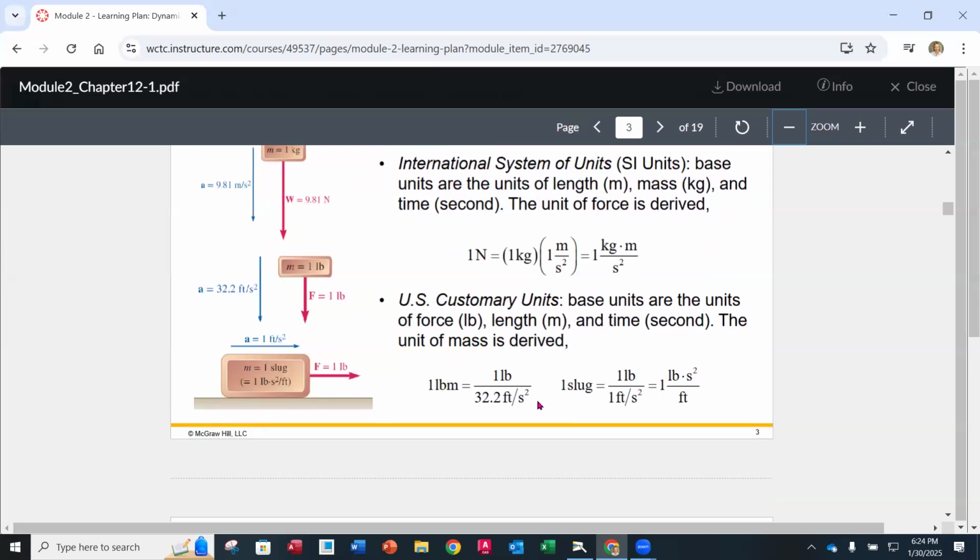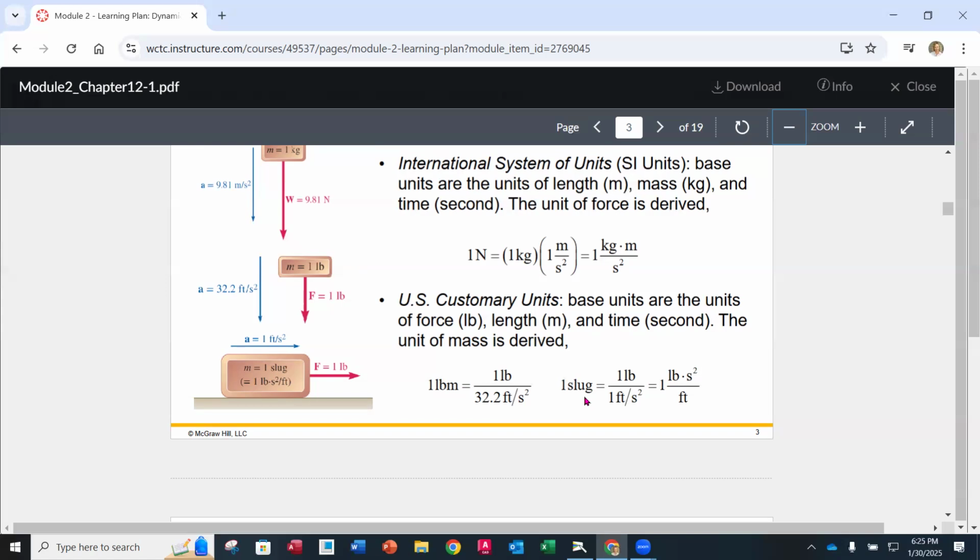Now, when we go down here to US customary units, we use pound mass or pound force, okay? When we look at mass, the mass of an item in the English system is called a slug. I think we talked about that last week.